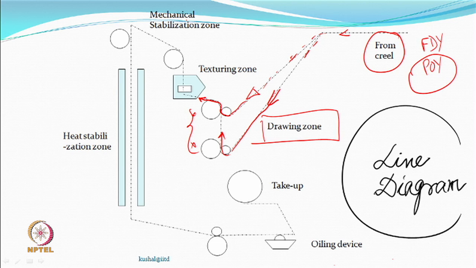So, what I just wanted to ask is, you think it is possible to design a machine where we can combine the drawing and texturing in one process, the way we had done in a false twist system? Can we do it?